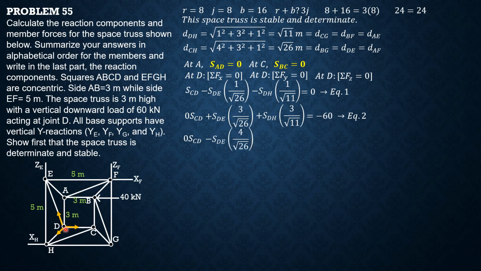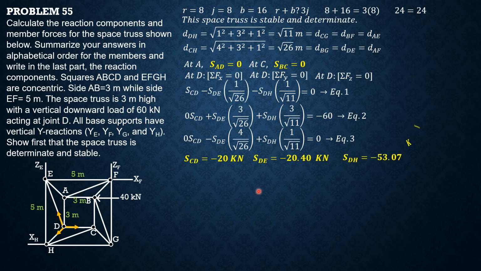Then plus SDH forward times 1 over square root of 11 equals 0. So equation 3. Solving equations 1, 2, and 3 simultaneously gives us the following results. SCD is negative 20 kilonewtons, SDE is negative 20.4 kilonewtons, so they are compression, and SDH is negative 53.03 kilonewtons.